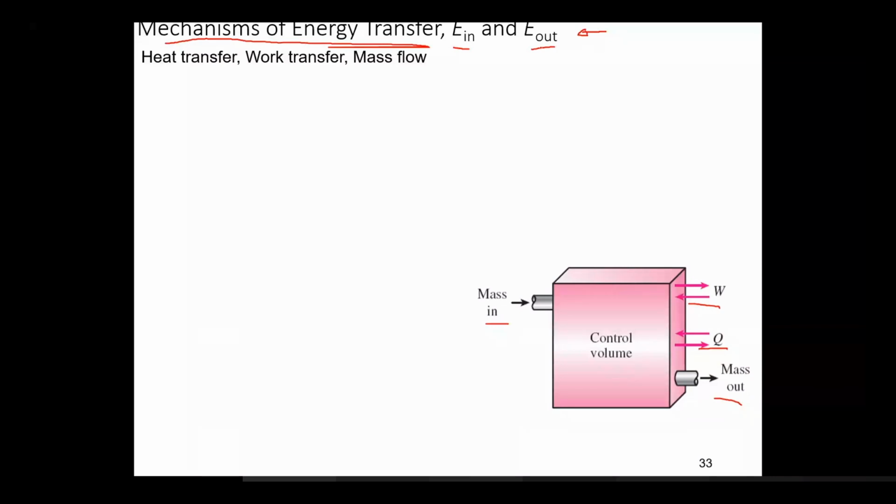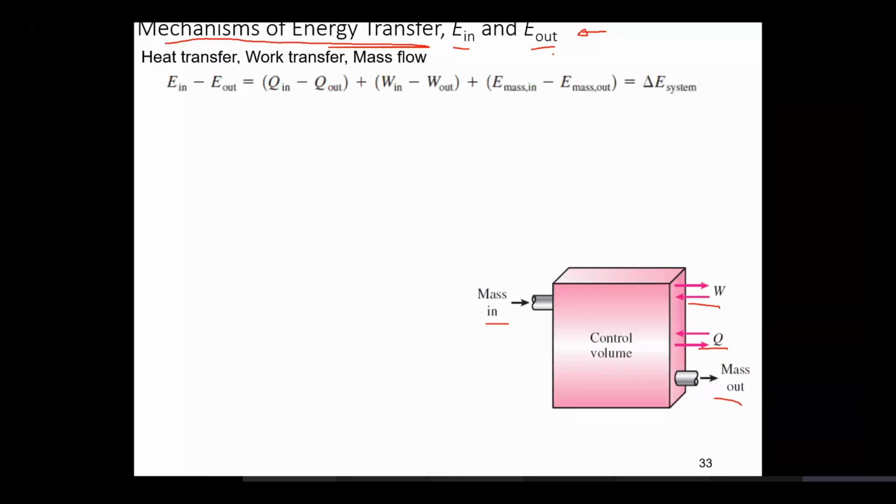So if we develop the left-hand side of the equation, we see that E in minus E out is basically dependent upon heat in and heat out, work in and work out, and mass in and mass out. And that would be equivalent to the change in energy of the system, which for a closed stationary system is basically the change in internal energy of the system.